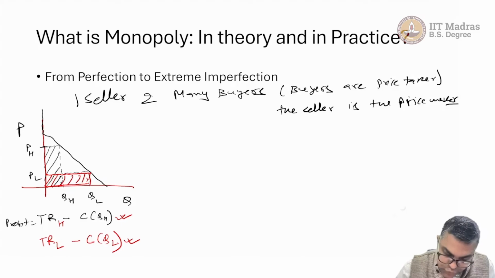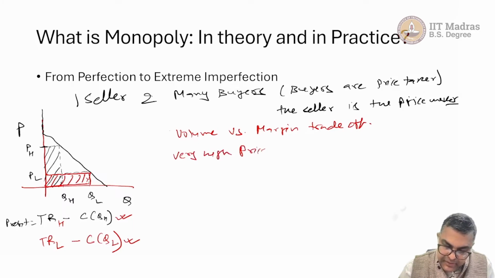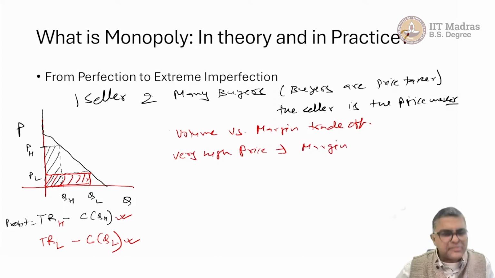But the thing that you should understand is that the monopolist faces a volume versus margin trade-off. If the price is very high, what is margin? Profit on each item.